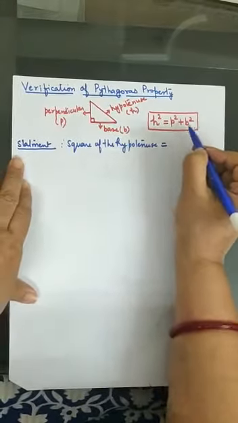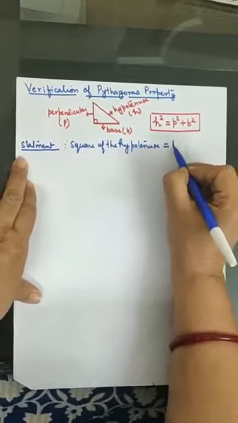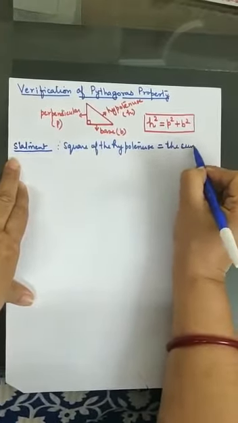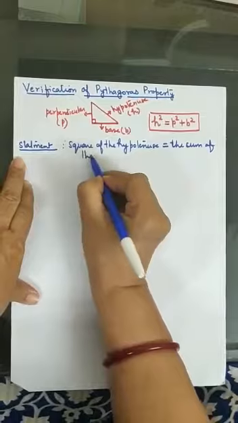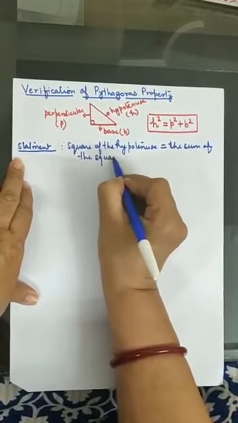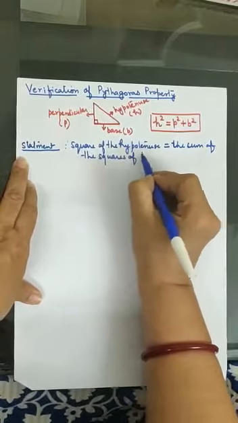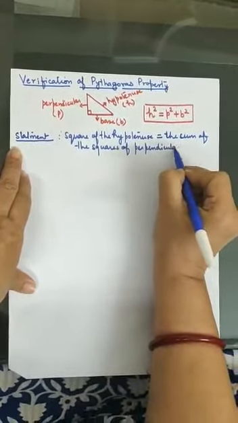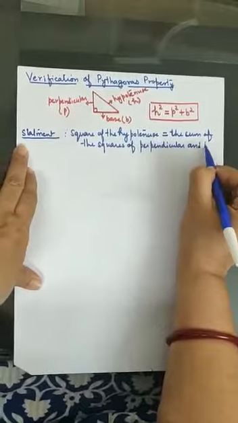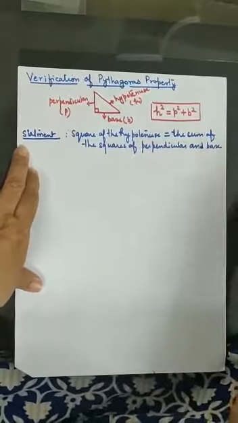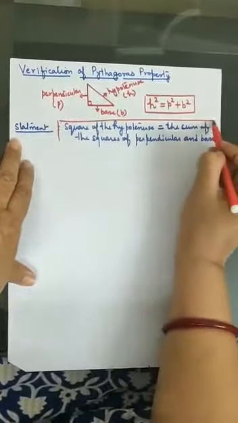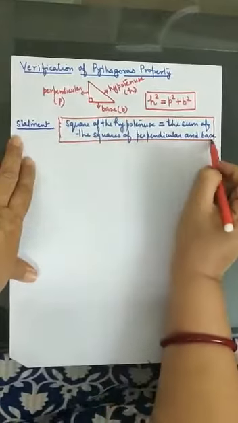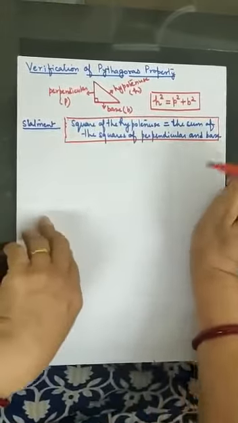Perpendicular का और base का, is equal to the sum of the squares of perpendicular and base. So this statement we are going to verify using paper cutting method.